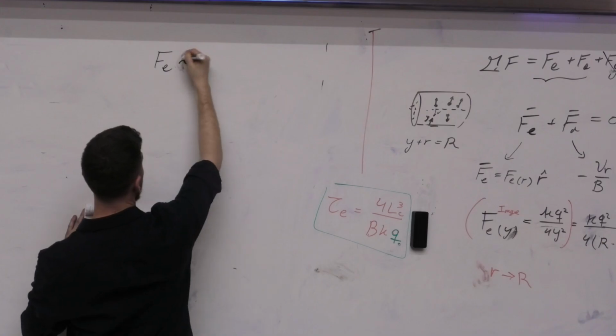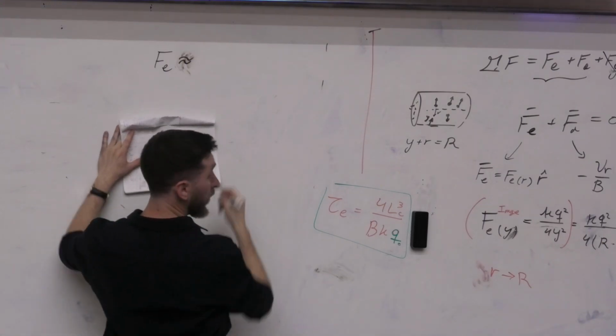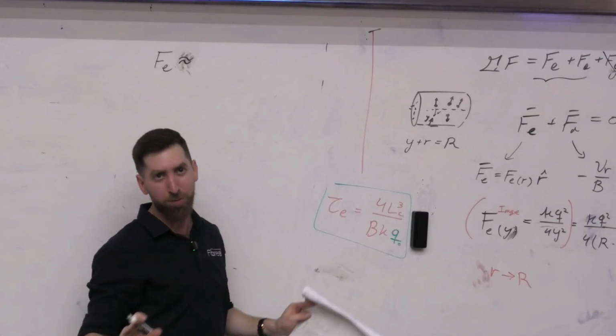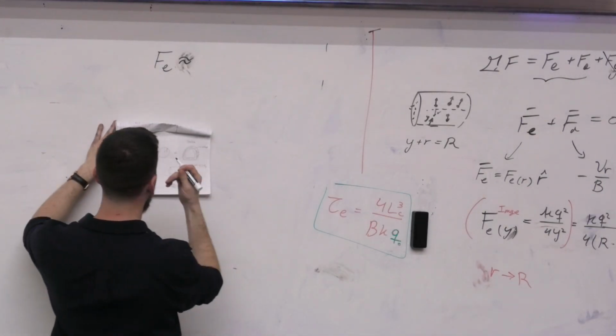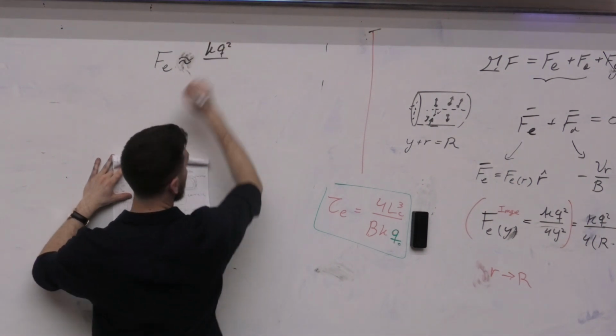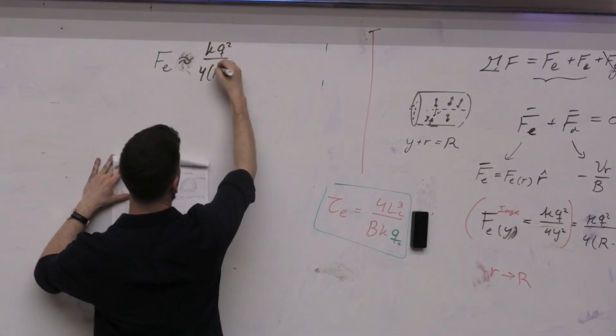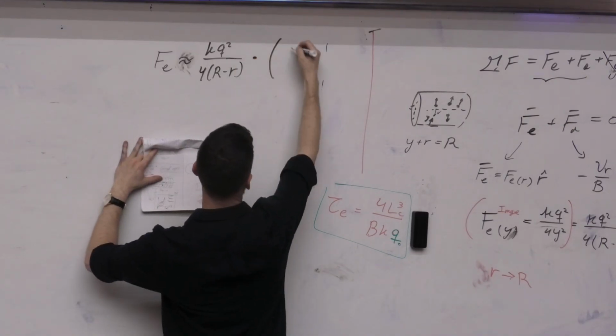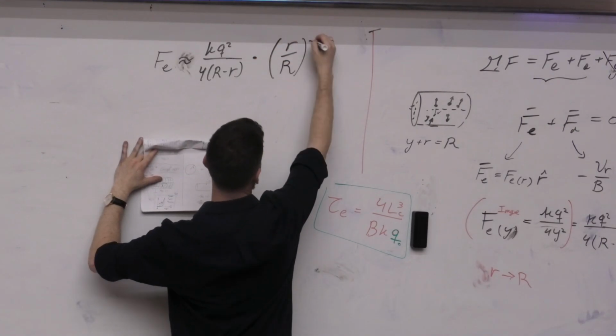It's not the truth. Approximately. Also another thing, the cylinder is not infinitely long. So there are a lot of problems, but we need a mathematical tool to estimate. So K Q squared over 4 times R minus R, and this is the correction that we're going to use.